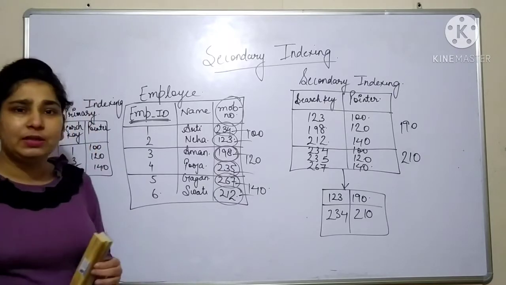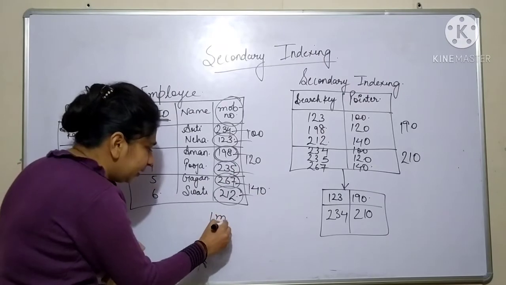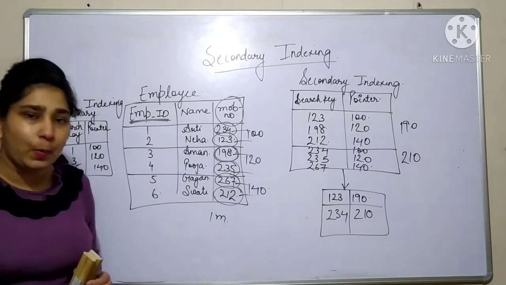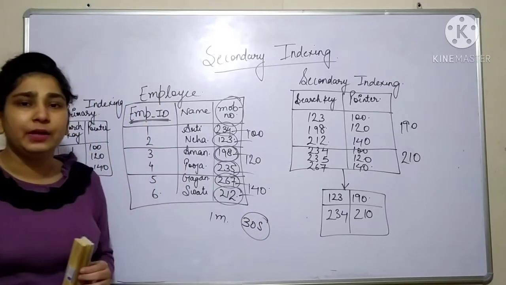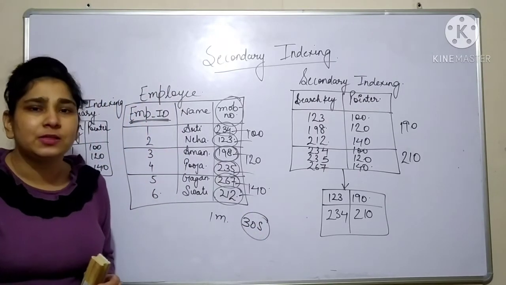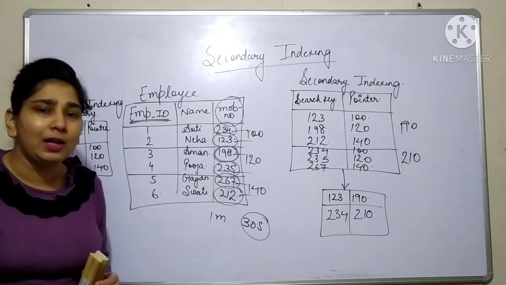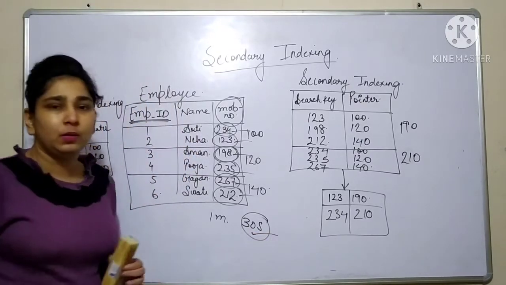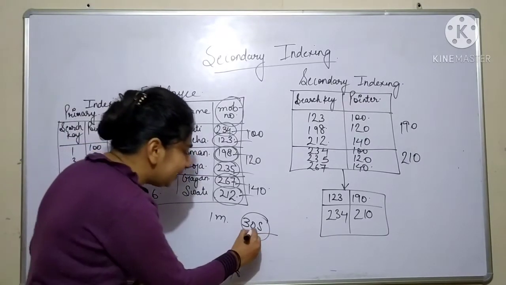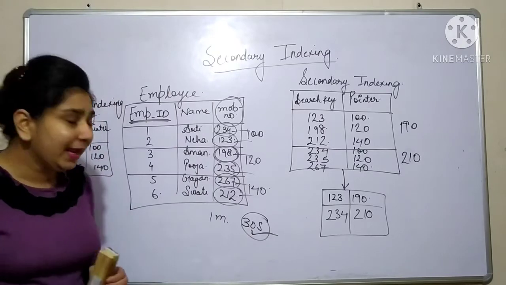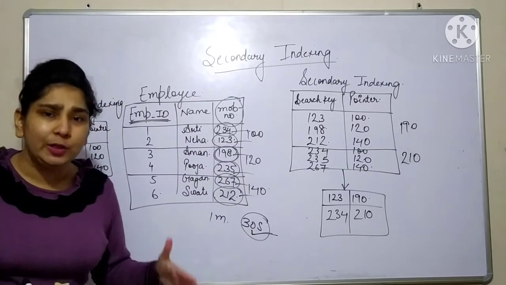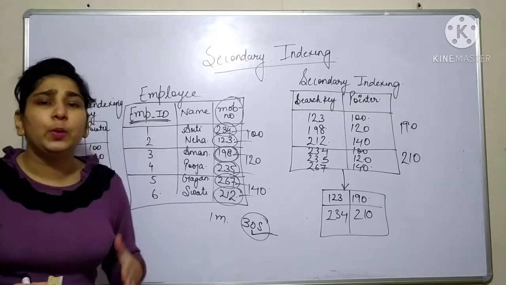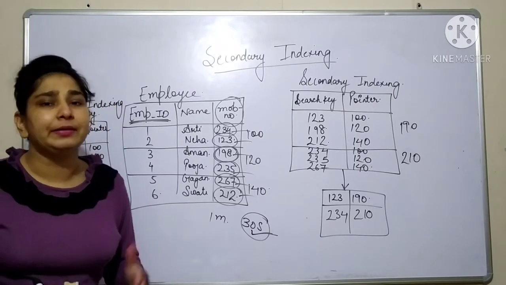If some algorithm is taking 1 minute to process your request, and some algorithm is taking 30 seconds to process your request, which algorithm will we call best? The algorithm which takes 30 seconds. So we always try to make algorithms so that we can reduce the time.